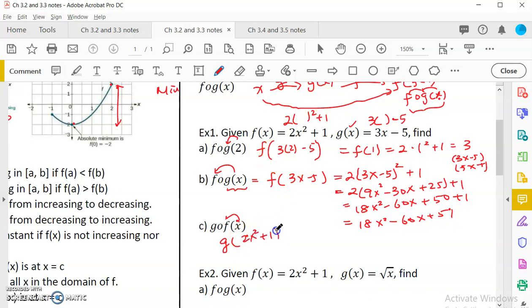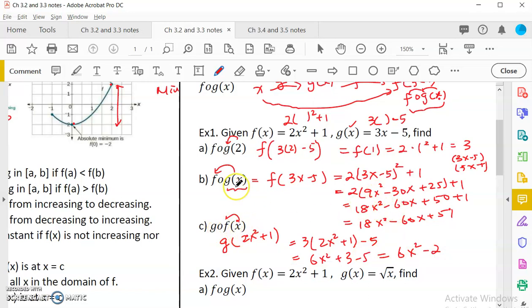It's just a formula. I'm going to put this formula into the g formula. So that would be 3 times (2x squared plus 1) and then minus 5. This would be easier. There's no foiling. 6x squared plus 3 minus 5 equals 6x squared minus 2. And that's the answer for g of f.